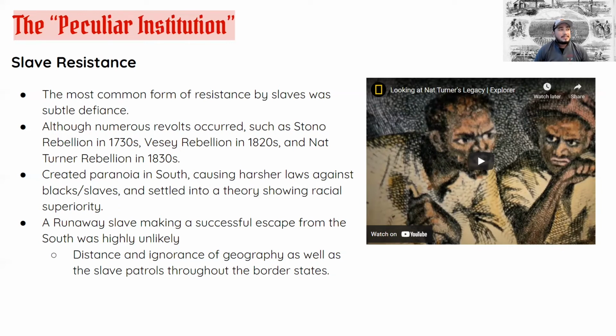Now, the thing that makes this more difficult, one, of course, is the geographic distance it would take for a Southern slave to make it to a safe haven up north, especially trying to get past the slave patrols that have been created, the paddy wagons, where there are those who are looking intentionally for any runaway slaves. This was another form of resistance.